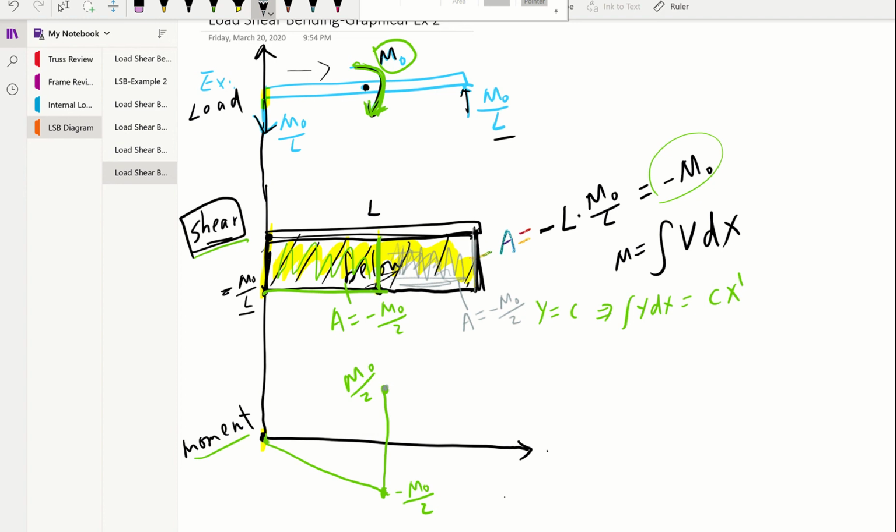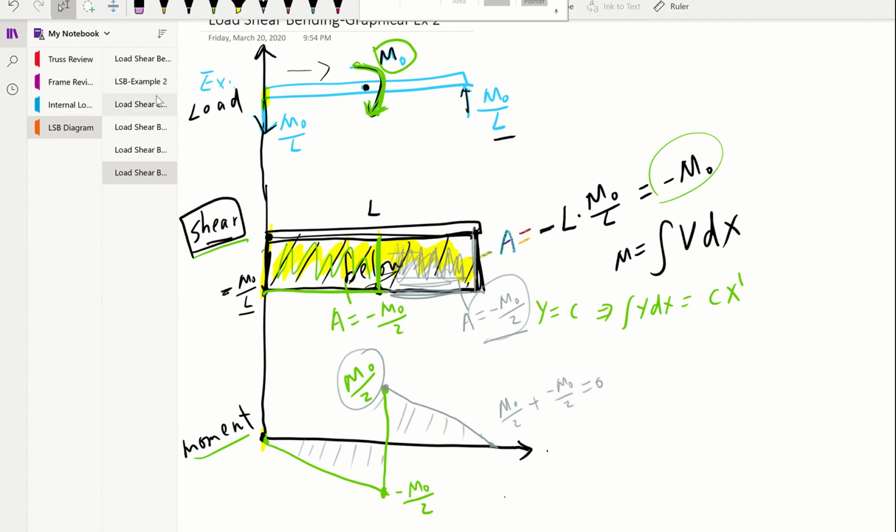At this point, when you add all those negative areas together, you get M naught over 2 from this plus this negative area, which gave us 0. Again, this will be a linear line because this is a constant, right? When you integrate a constant, you get a power of 1.